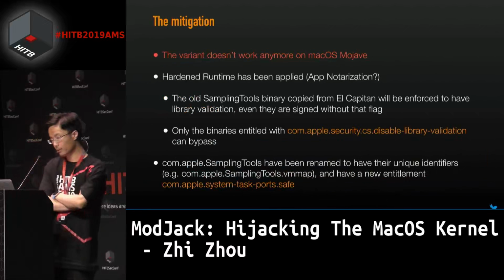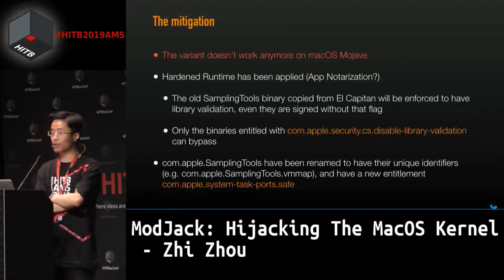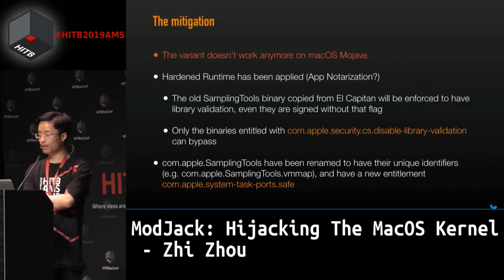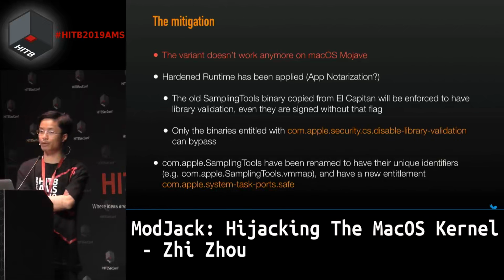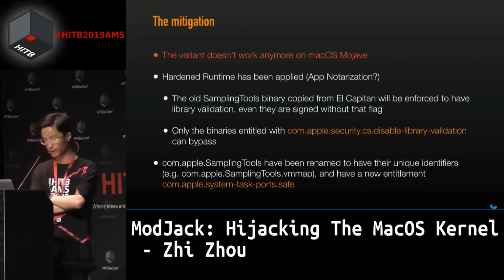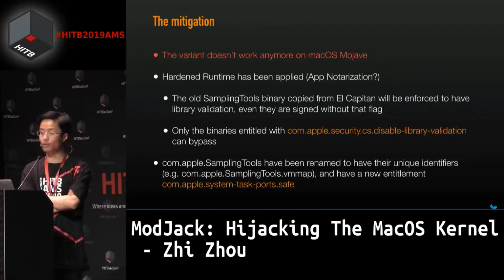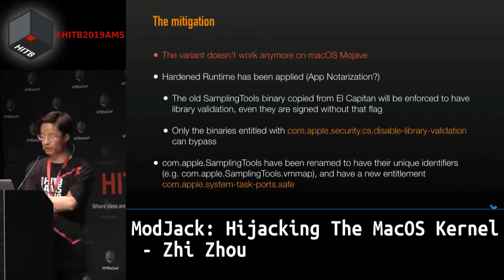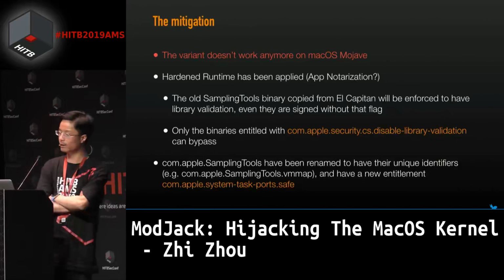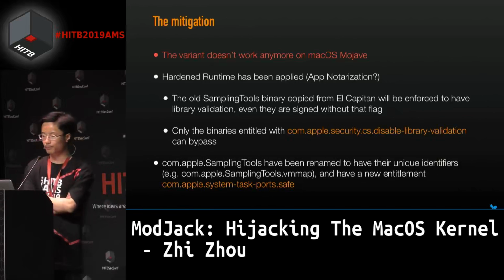But this variant doesn't work anymore on macOS Mojave, because I have reported those bugs to Apple, and they have added some mitigation to kill this bug class. First of all, if you care about the developer documentation, they have introduced a new feature named hardened runtime.